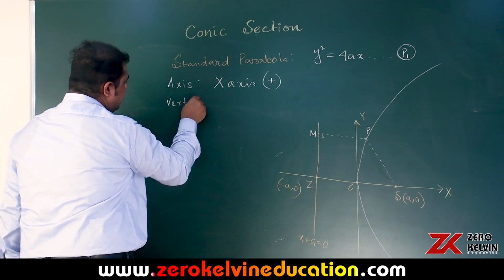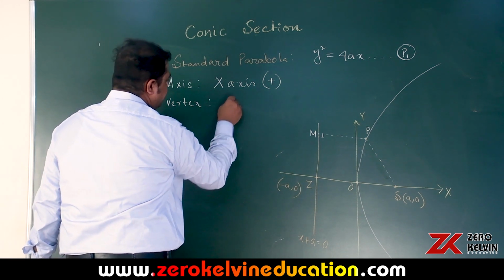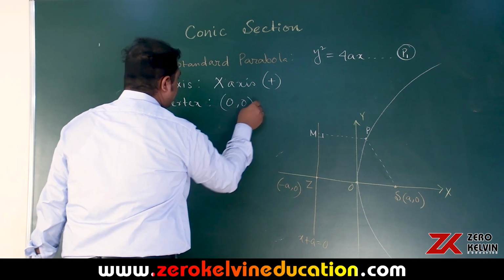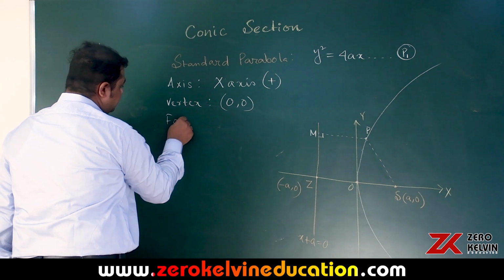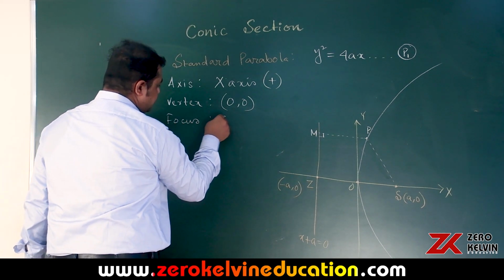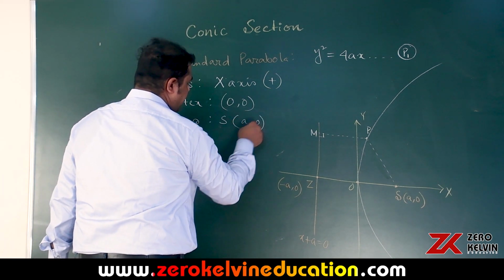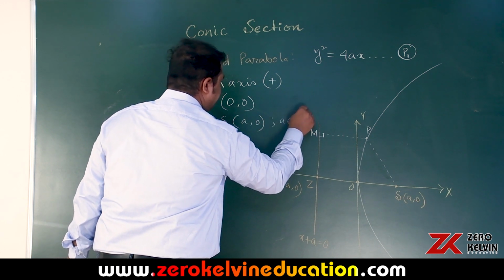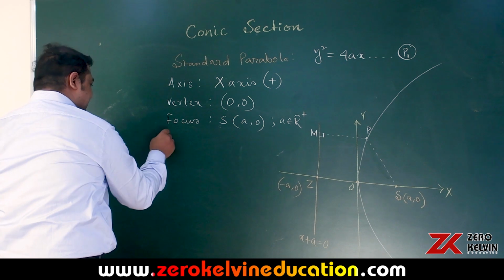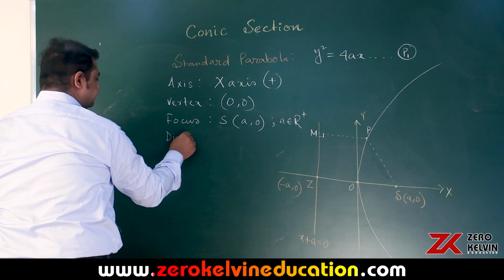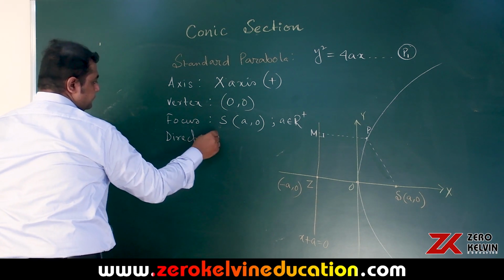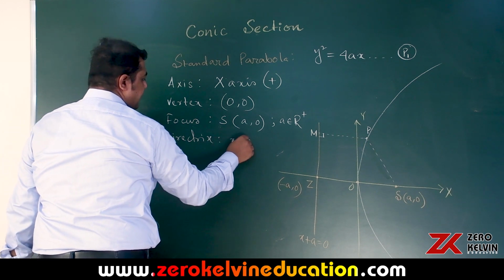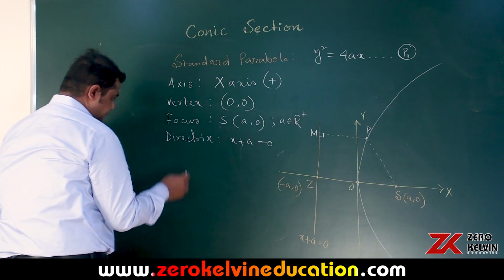Vertex we have standardized at origin. Focus we have considered S as a comma 0 where a is a positive real number. The directrix is x plus a equals to 0.